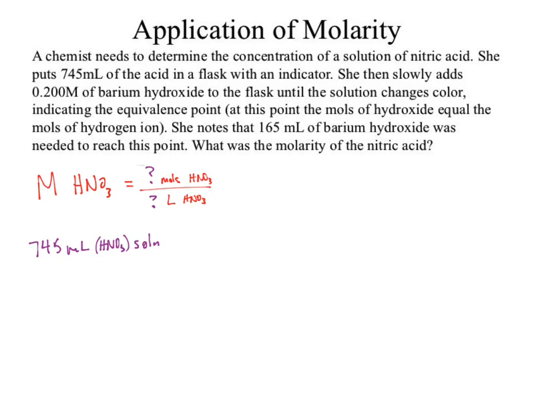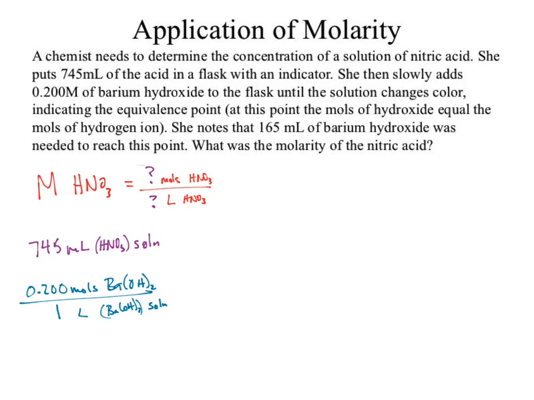What other information is given? And then molarity of the barium hydroxide. We're given 0.20 moles of barium hydroxide per 1 liter of the barium hydroxide solution. We have to include the barium hydroxide unit in that solution because we have 2 different solutions.